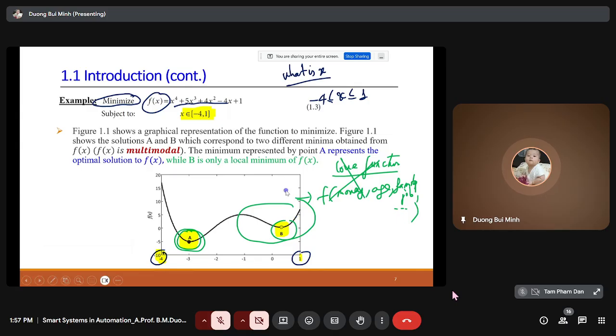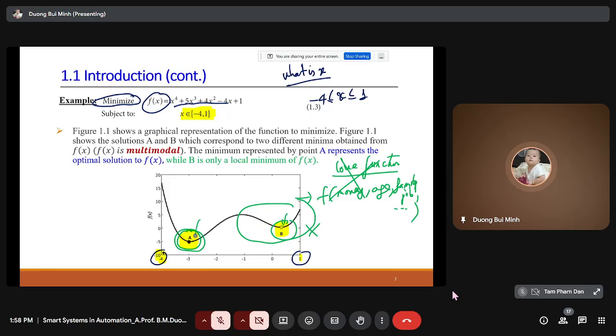If you don't have a good optimization method, you get trapped. That means you say point B is the minimum point, and then you are wrong. The result is incorrect, or you fail the project.